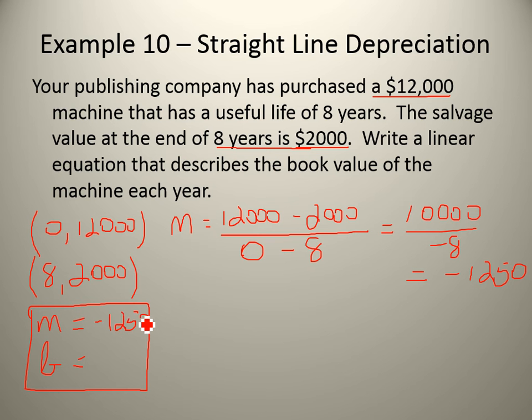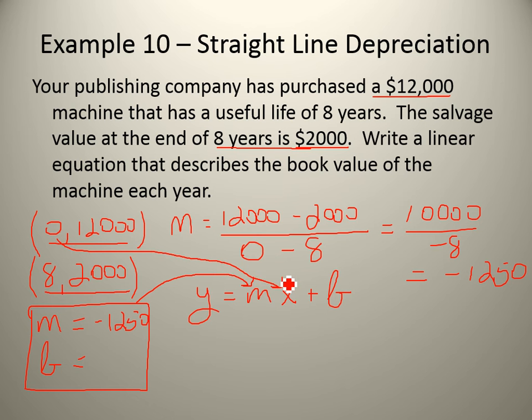Now I just want to find the y-intercept. In order to do that, I have y = mx + b, and I'm going to substitute in negative 1250 for m. Then I'm going to pick one of these 2 points, it doesn't matter which one. I'm going to go with the first one since it's got a 0 in there, which might be a little easier to work with. I'm going to put that 0 in for x and this 12,000 in for y.